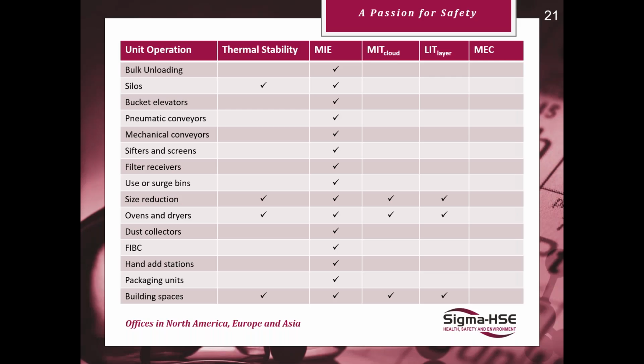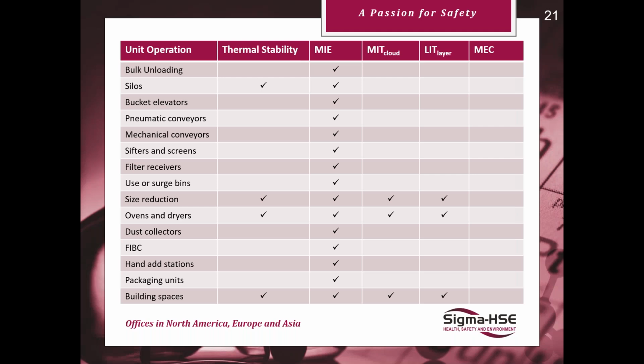Thermal stability for silos, storage, size reduction, milling, ovens and dryers. We either have intentional heating in these unit operations or inadvertent heating. If we take size reduction, maybe we have a bearing failure, which can cause an increase in temperature.